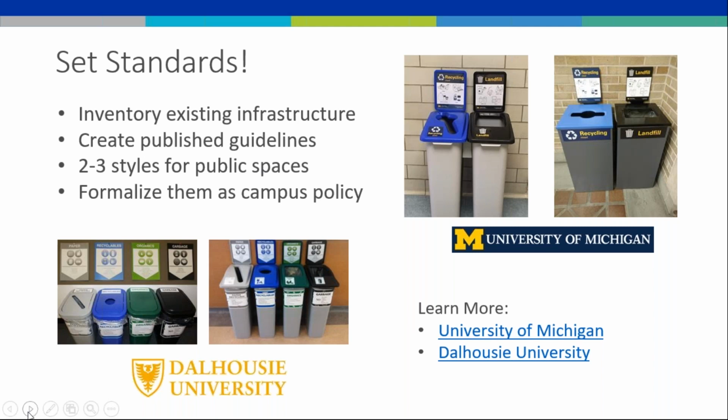Instead of having many different styles or types of bins, they came up with guidelines that say it's either going to be the more plastic utilitarian style, like a Waste Watcher, or it might be a higher end bin, but it's got to be one or the other. And again, it's for consistency. It helps people to recognize this is a recycling bin when they walk from one area to the next.